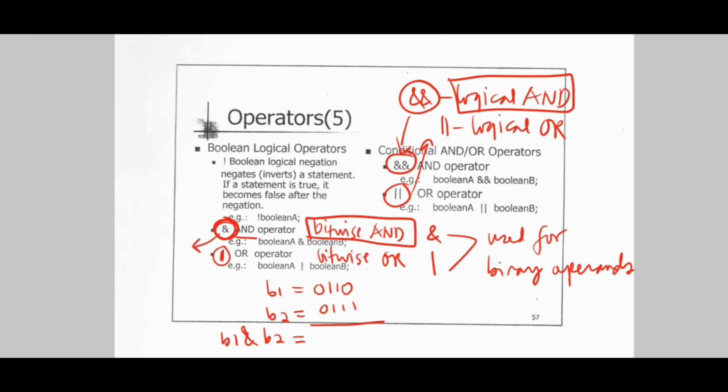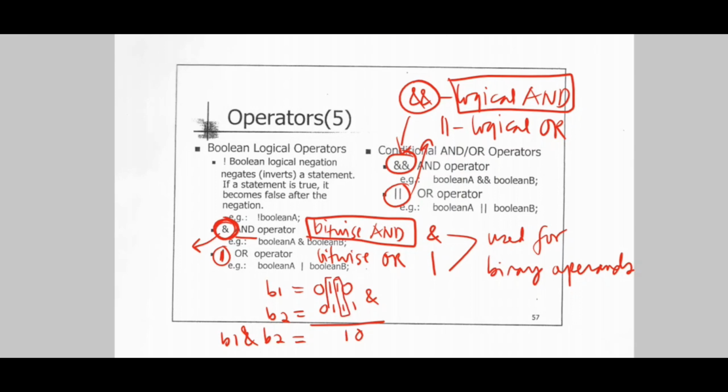So the result would be 0, which is the representation of false, and 1, the representation of true. 0 and 1, or false and true, gives you false, or 0. 1 and 1 gives you 1.